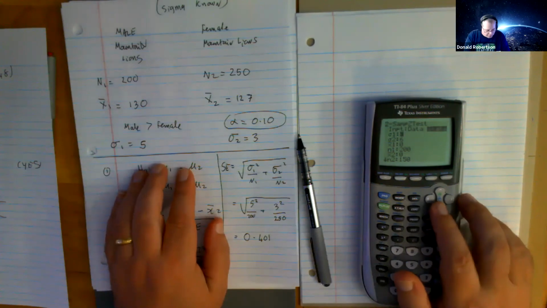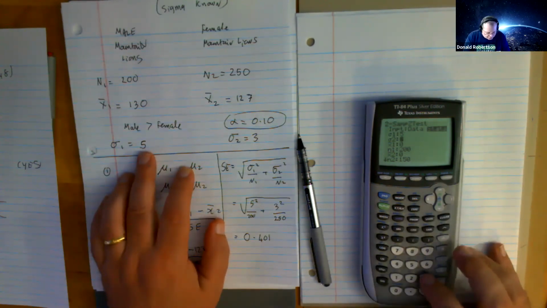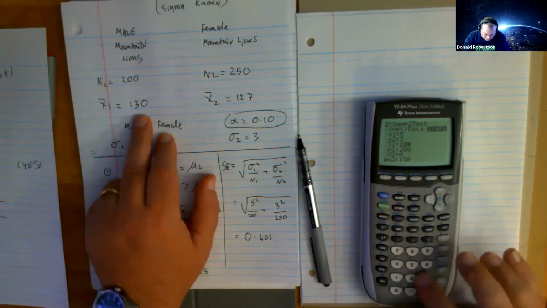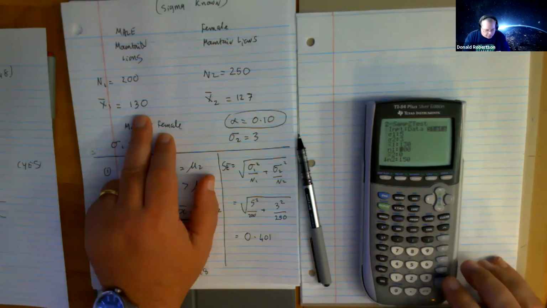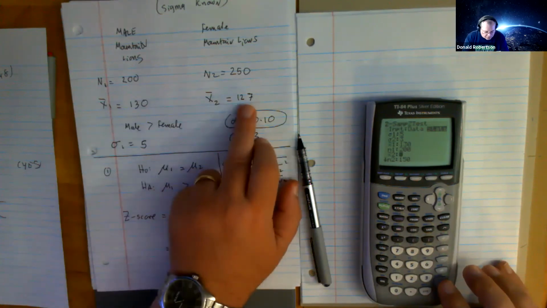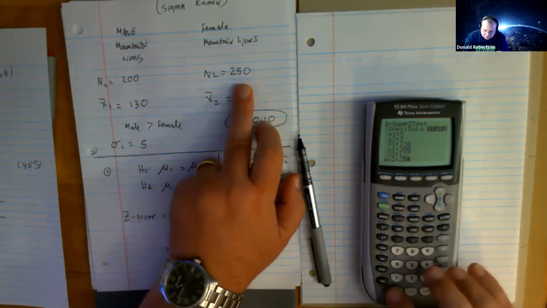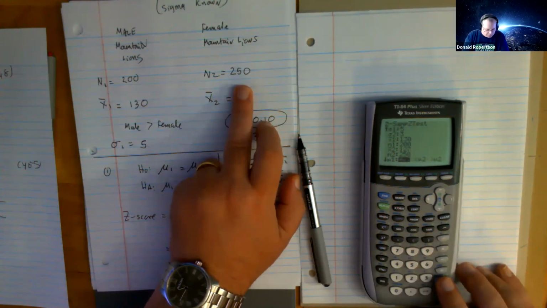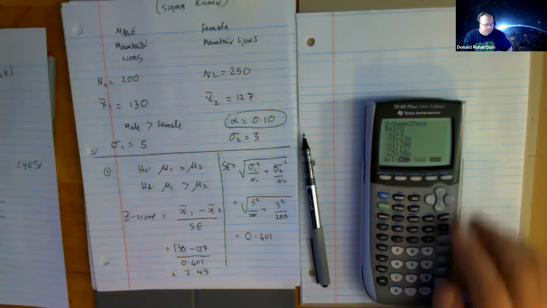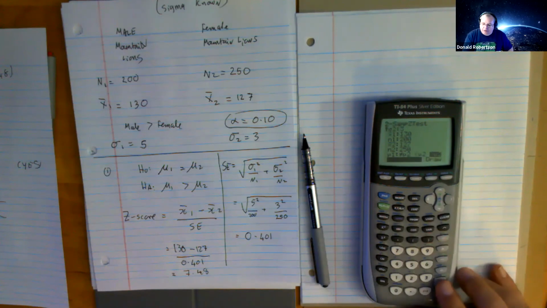Sigma 1 was 5, and sigma 2 was 3, and X bar 1 was 130, and the number of people in that sample was 200, and X bar 2 was 127, and the number of people in that sample was 250, and we were doing a greater than one, weren't we? So that would be our choice. And then I should just go down and hit calculate.